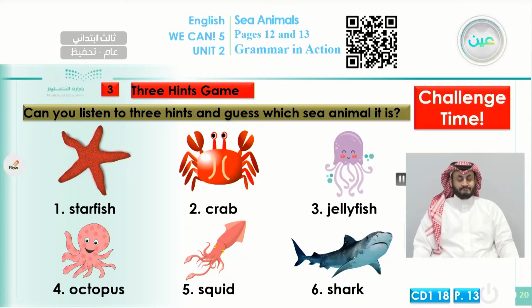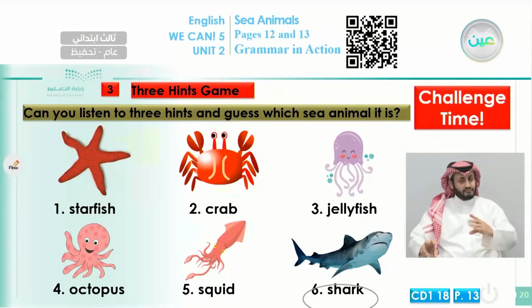Exercise 3. Three Hints game. Can you listen to three hints and guess which sea animal it is? Are you ready? Let's start. It can bite. It has bigger teeth than a dolphin. It's the scariest. What number did you guess? That's right, number 6.